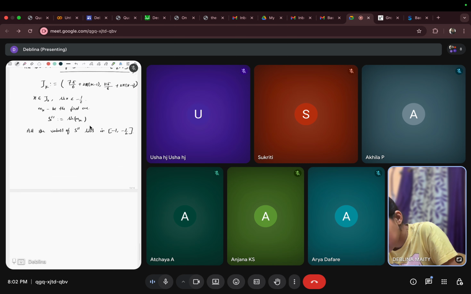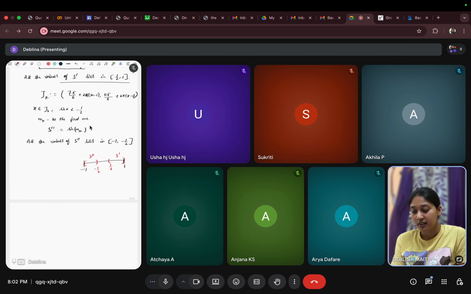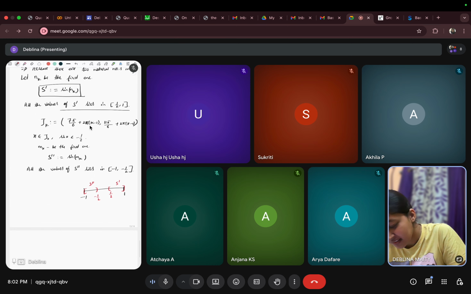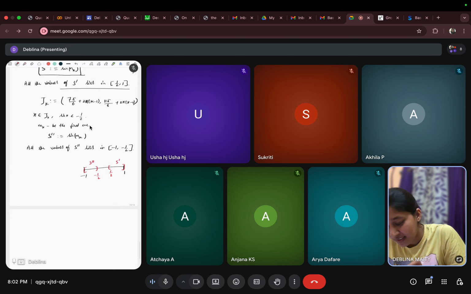Minus 1 to 1 is the range of sin n. The values of S dash lie between half and 1, and S double dash lies between minus 1 and minus half.